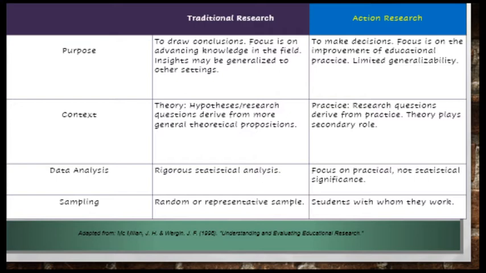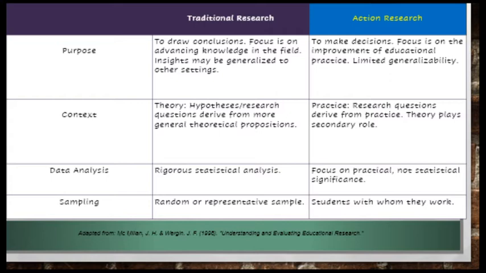The focus is on advancing knowledge in the field. Insights may be generalized to other settings. Whereas action research is intended to make decisions. The focus is more on improvement of educational practice, and it has limited generalizability.